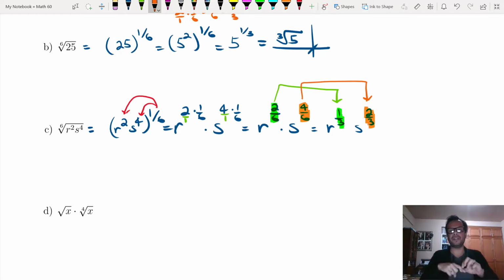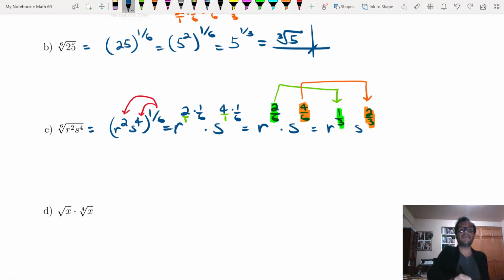Okay, notice something interesting here. I would like you to observe what these two exponents have in common. These two exponents have the denominator in common, right? And let me do something on the side.